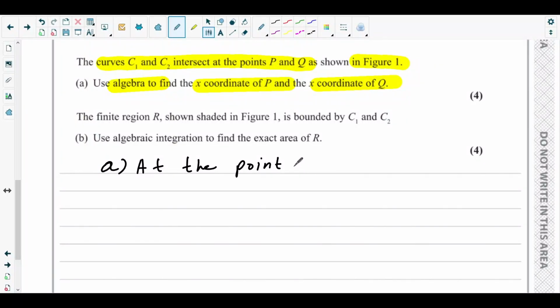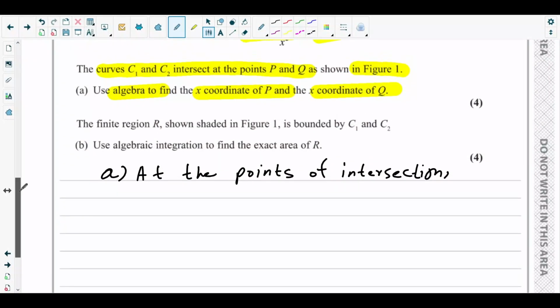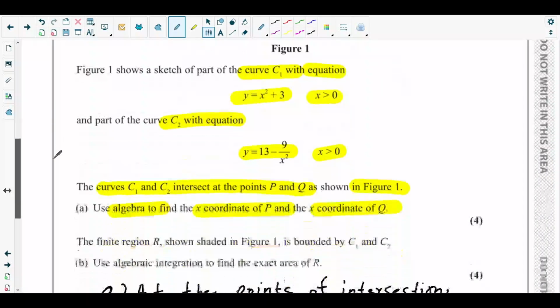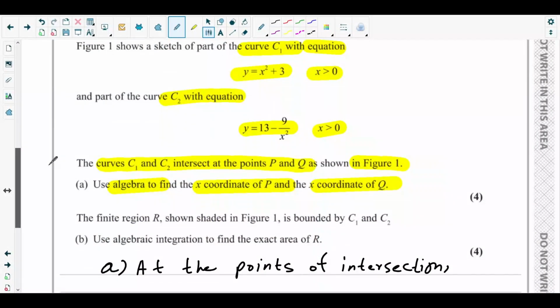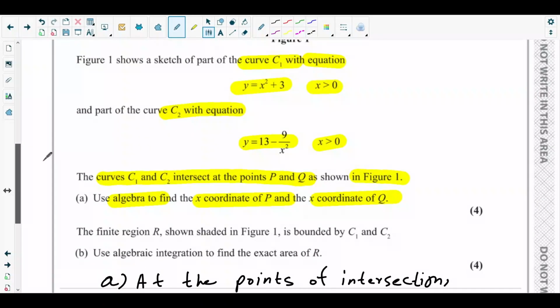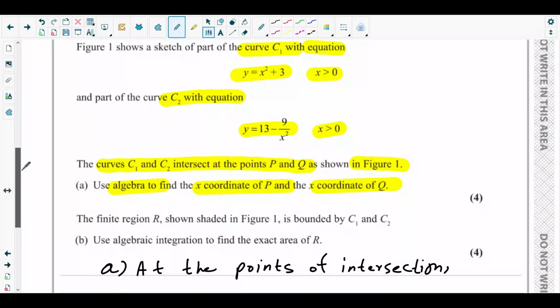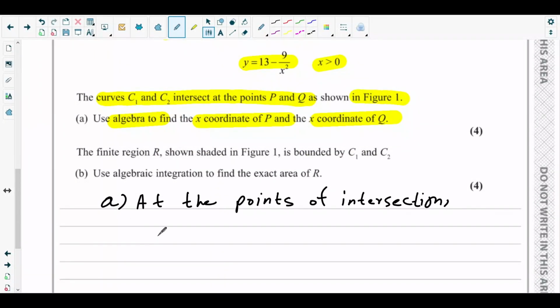At the points of intersection, since points P and Q are common points that lie on both curves, their y values will be equal. The y value for the equation of curve C1 and the y value for the equation of curve C2 will be equal. So we can write x squared plus 3 equals 13 minus 9 over x squared.